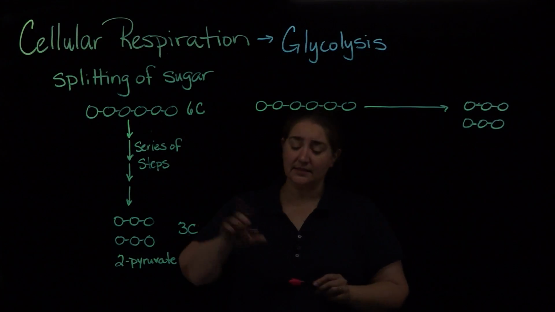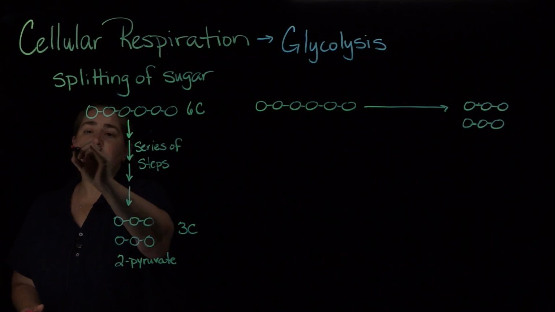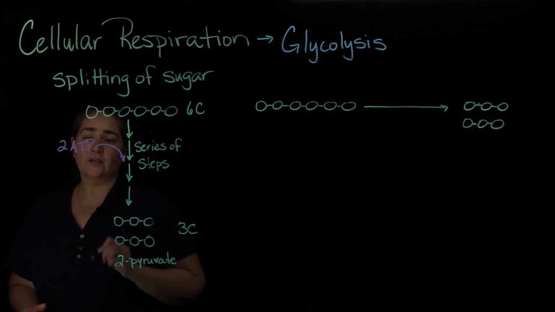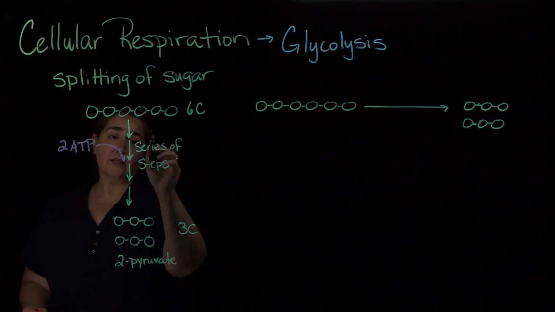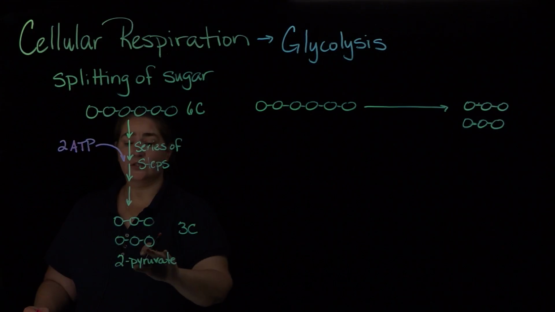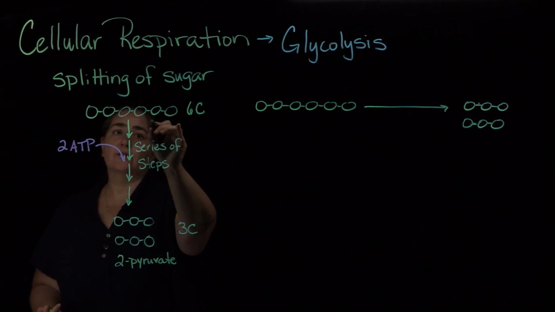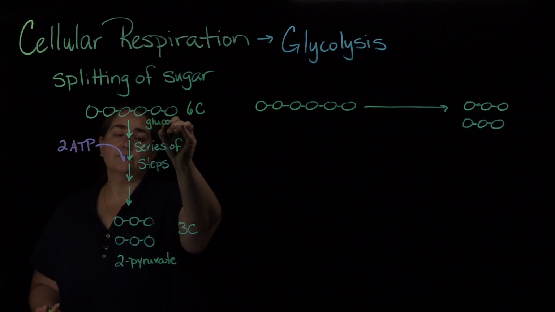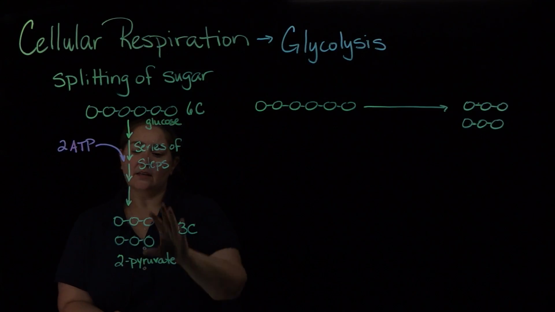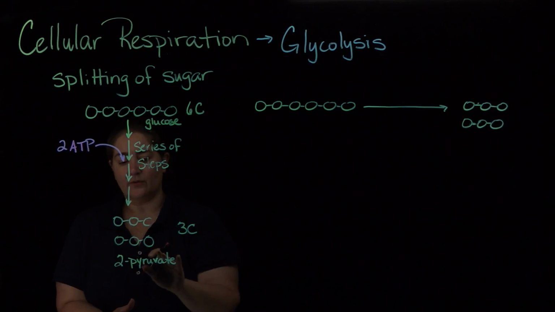In the process of the series of steps here, we are going to have to input 2 ATP. So we've got to put 2 ATP into this process to split glucose into pyruvate. All right, I guess I should write this under here, glucose.